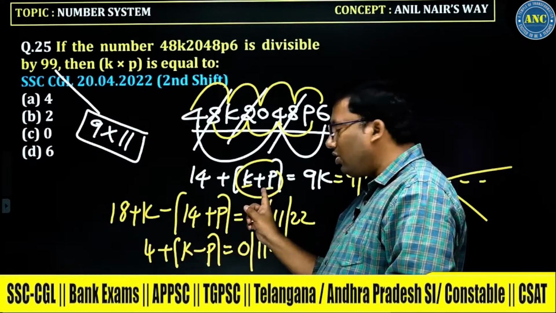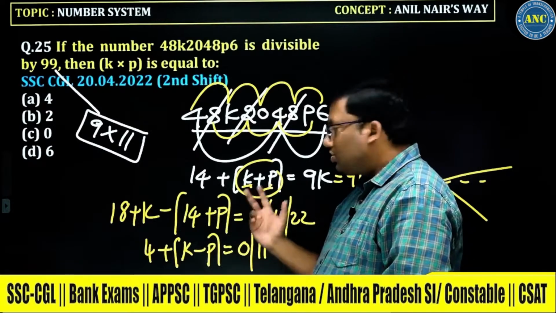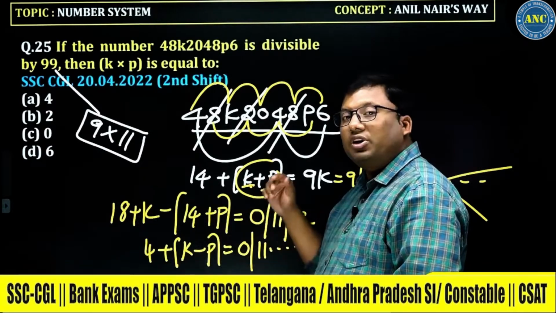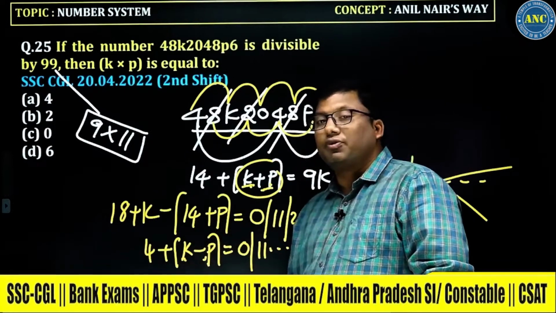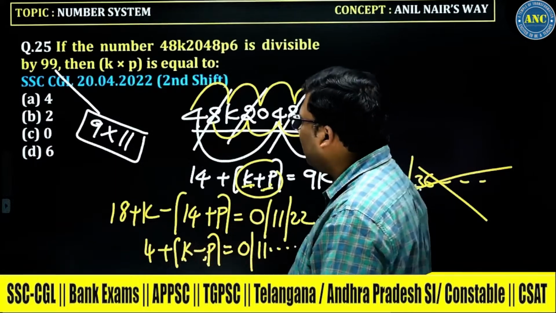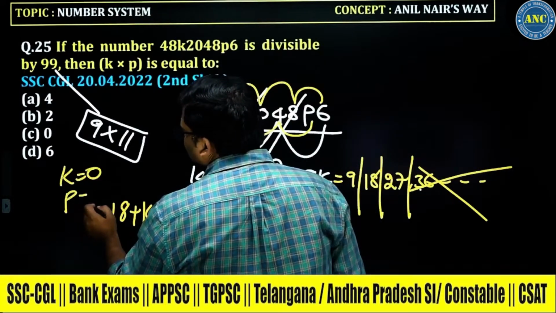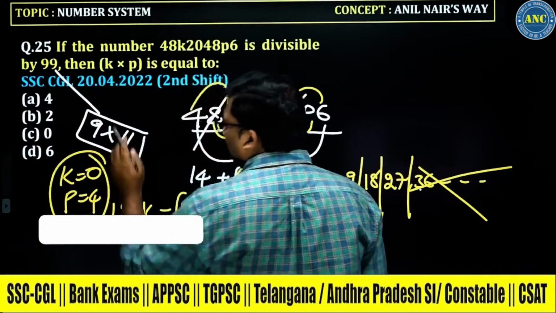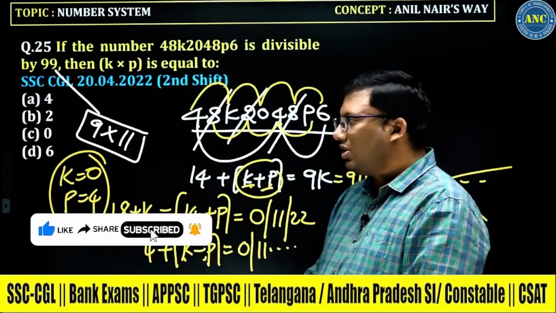If K is 0, P is 4. Then 14 plus 4 is 18, divisible by 9, and 0 minus 4 is minus 4, and 4 minus 4 is 0. So K is 0 and P is 4. What is the question? The product: 0 into 4 is 0.